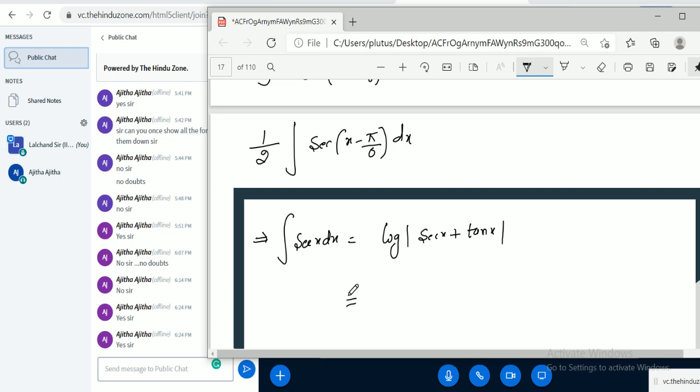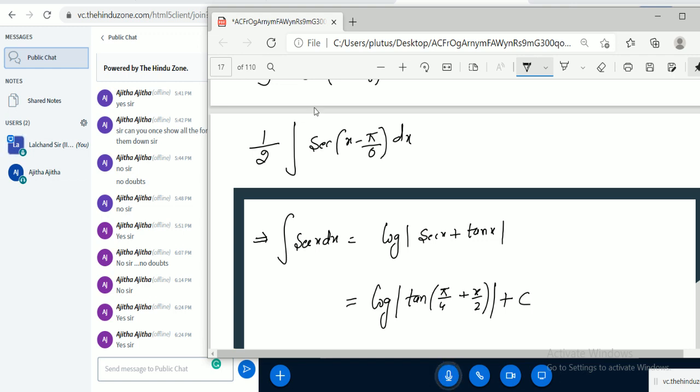And the second formula is, if we rearrange this term, then we can write log of tan pi by 4 plus x by 2 plus c. Okay, isn't it?